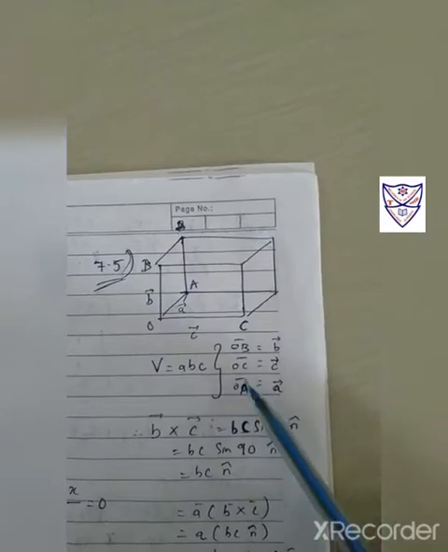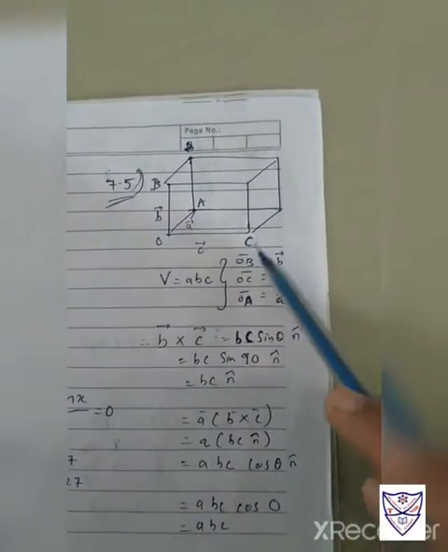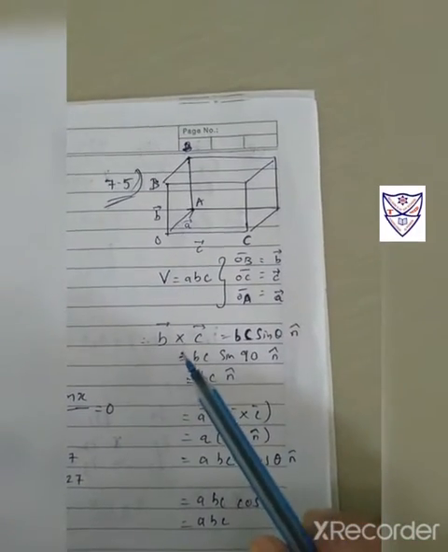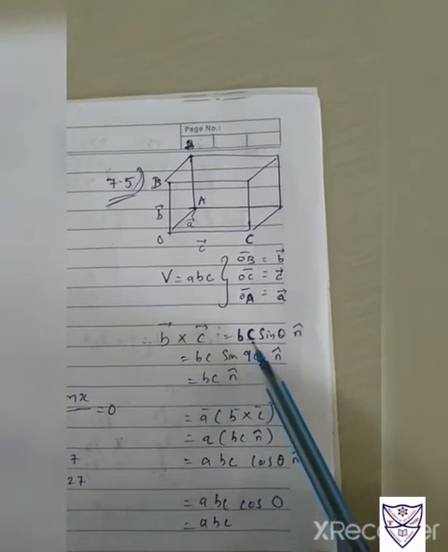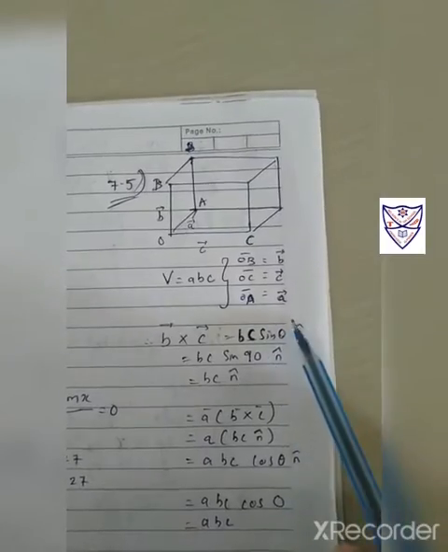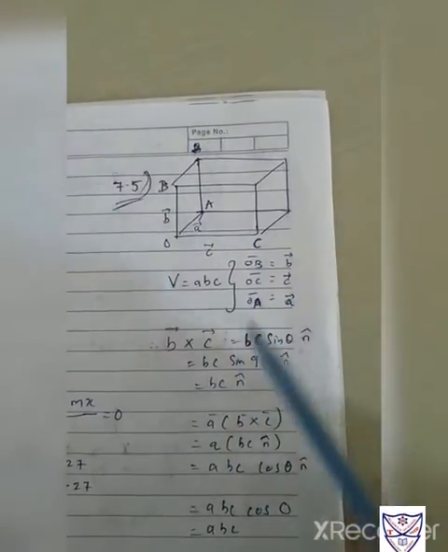As I said, I am considering the vectors A, B and C respectively, OA, OB and OC. Now we know that B cross C can be written as BC sine theta n vector. Here theta is 90 degrees, as you can see because of the given structure diagram.